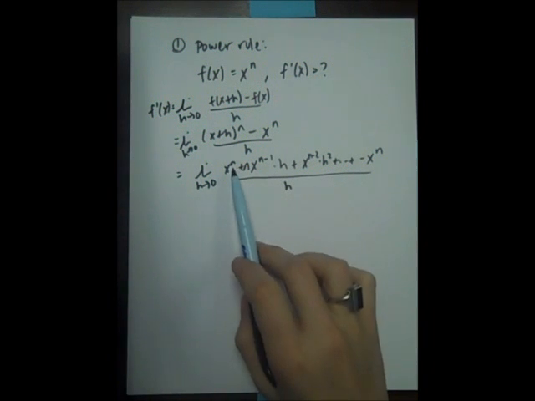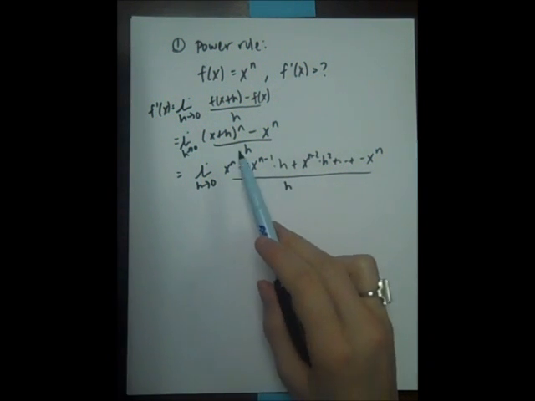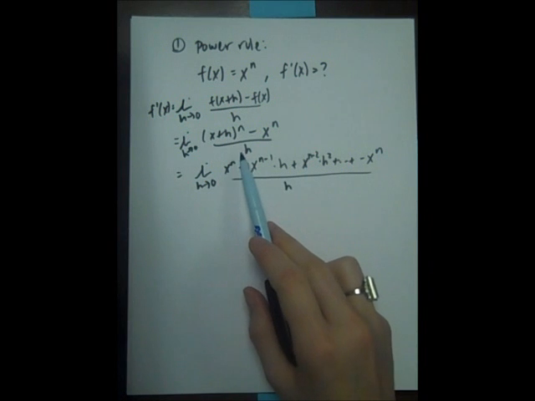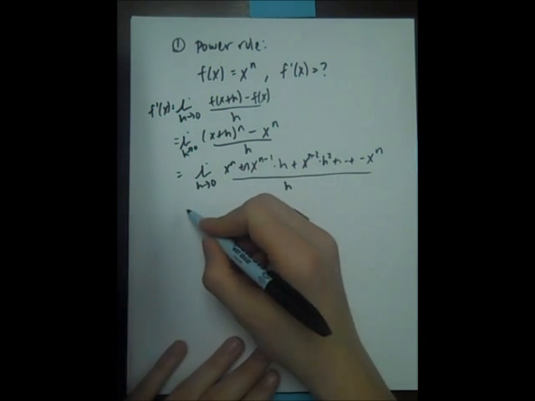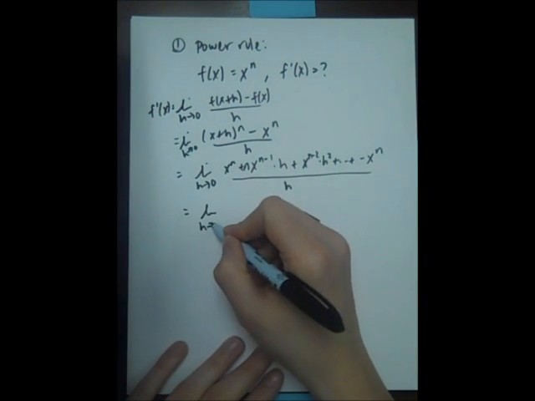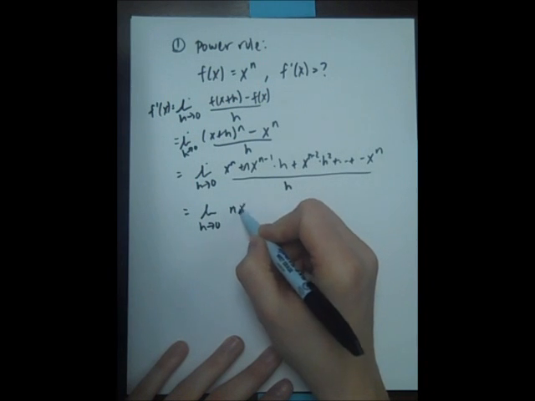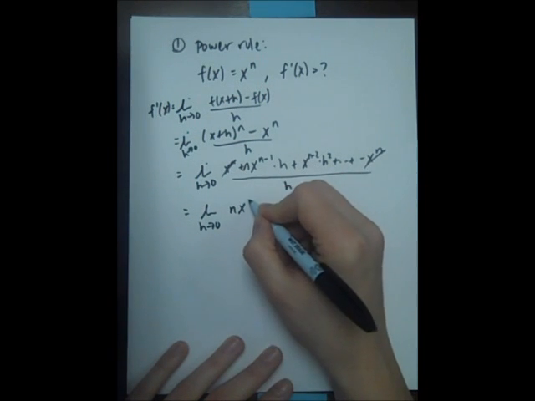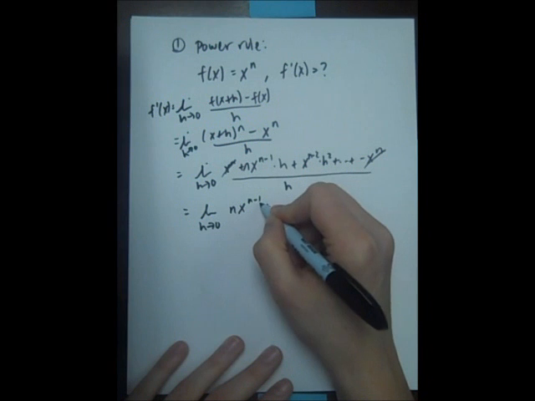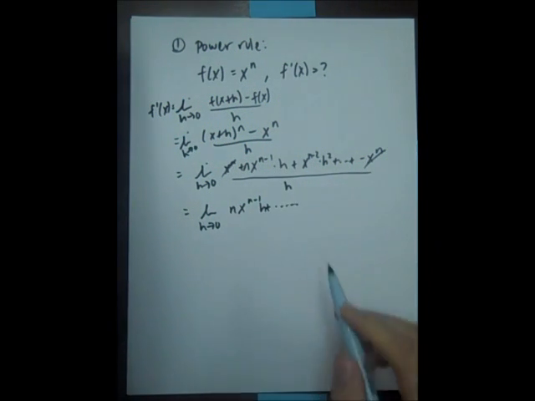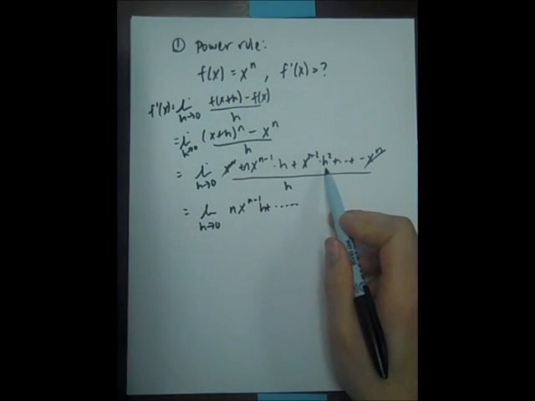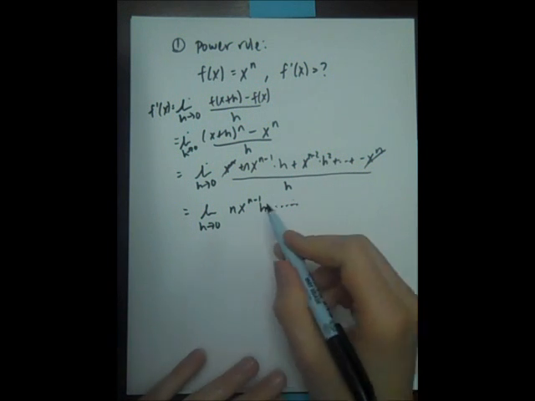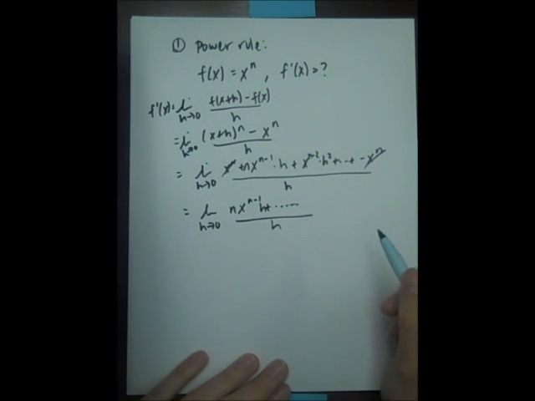So I'm going to have all of these terms from the first one. Once I multiply this out, the x to the n's are going to cancel. So what am I left with? I'm left with n x to the n minus 1 times h, plus a bunch of other stuff where all of these other things have at least an h squared in them, probably higher powers, all divided by h.